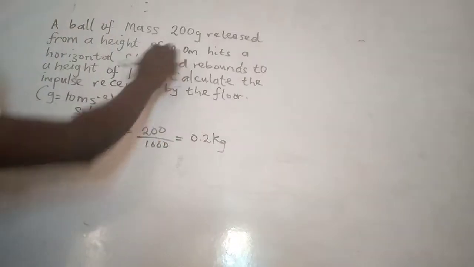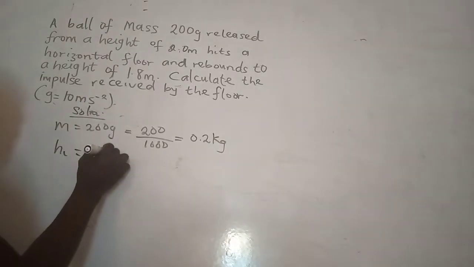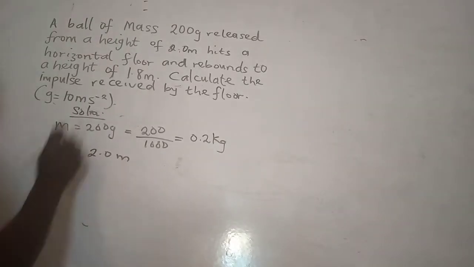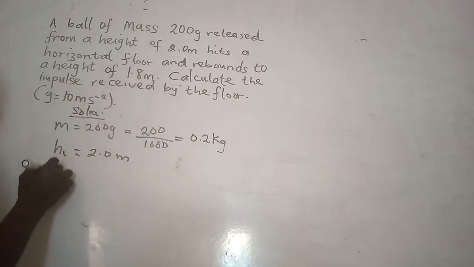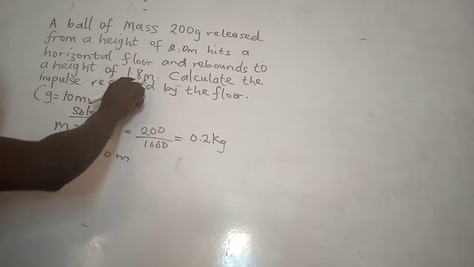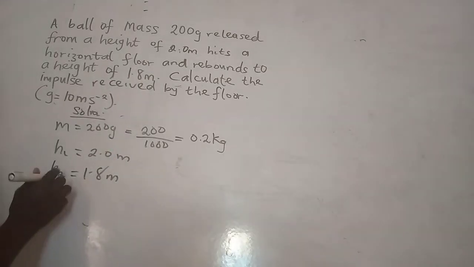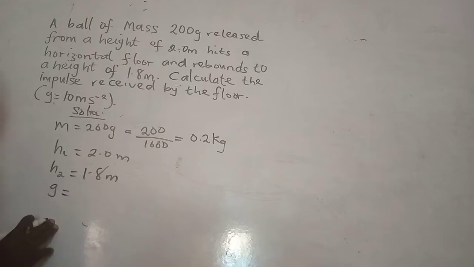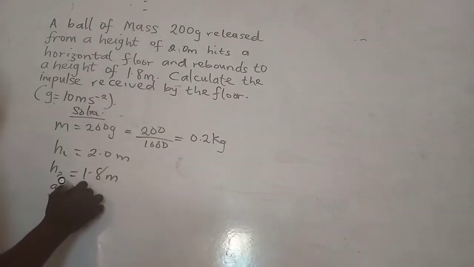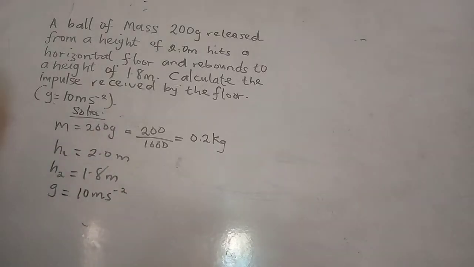Then I have the height which it fell from, h1, as 2.0 meters, and I also have the height which it rebounded to as h2, which is equal to 1.8 meters. Then the acceleration due to gravity is equal to 10 meters per second squared. So these are the parameters that are required.